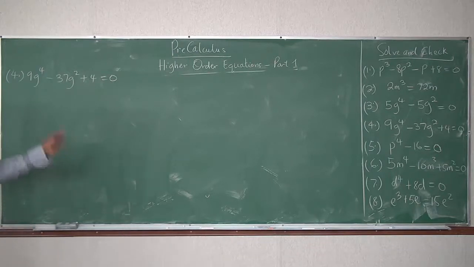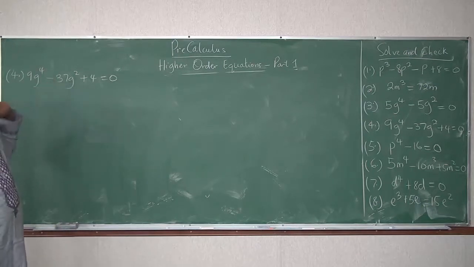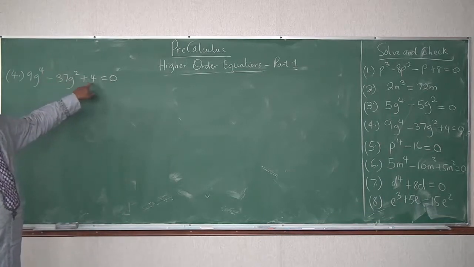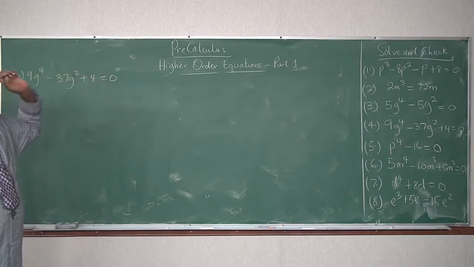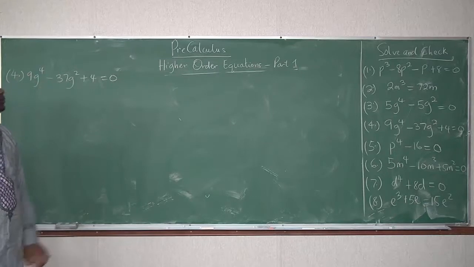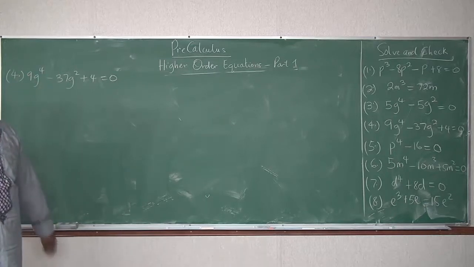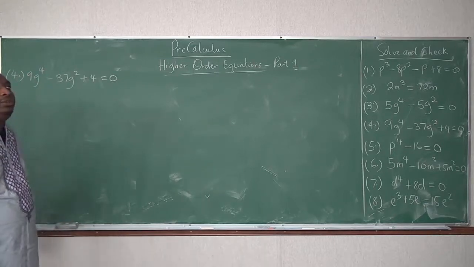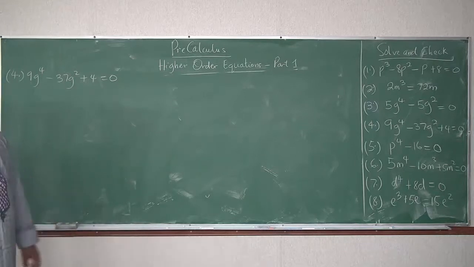It is an incomplete quartic equation. What is missing? The cube is missing and the linear term is missing. The term g cube and the term g are missing.